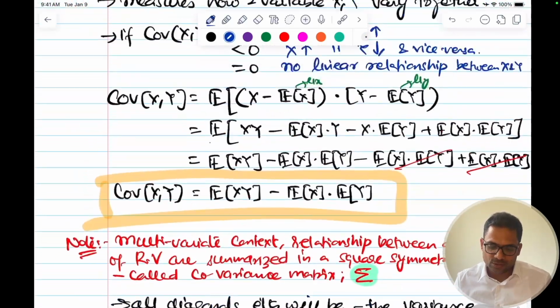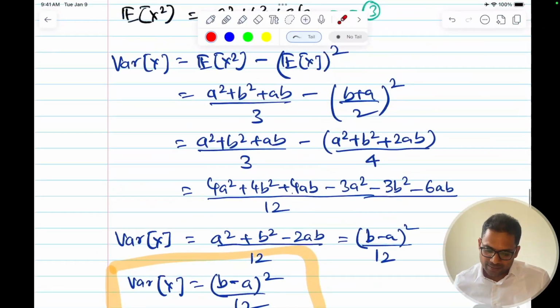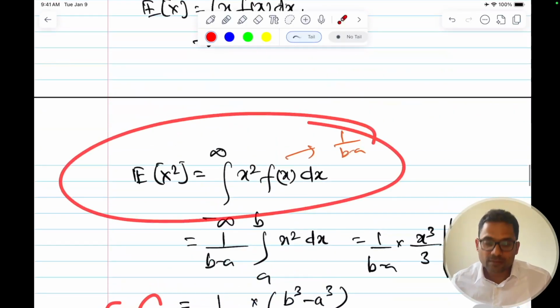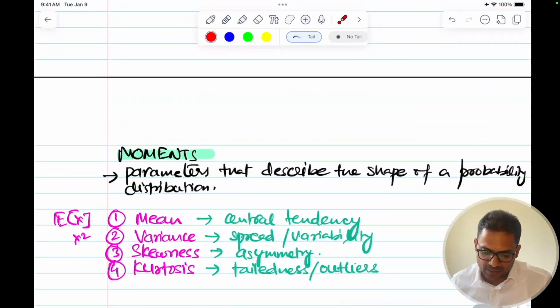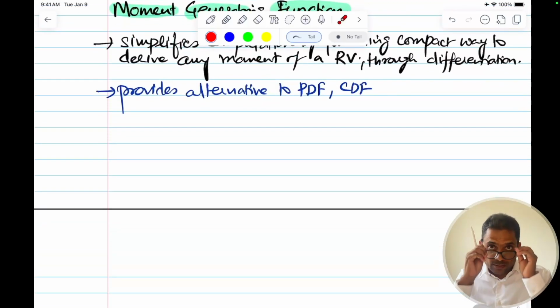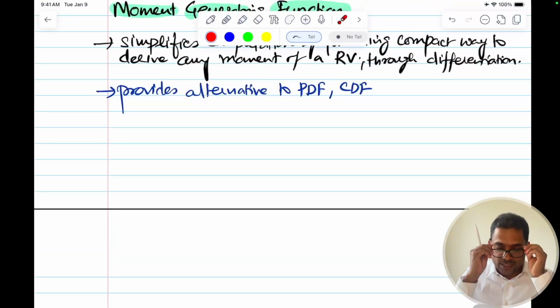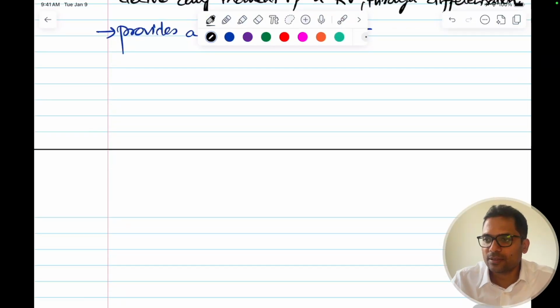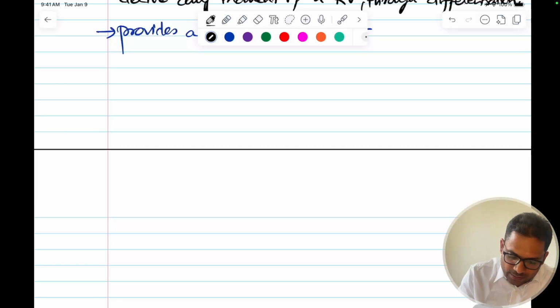We integrated all this. You saw for uniform and this thing, right? We integrated and found this. Instead of doing this whole steps, this makes our life easier. It provides some alternative to PDF or CDF. So let's continue. What is it? What's the intuition? Or let me give you the formula. So the formula, this is the main formula.